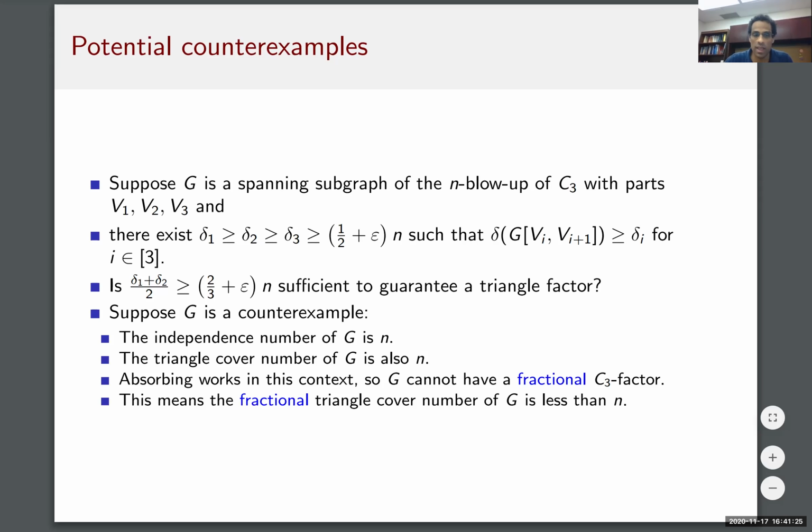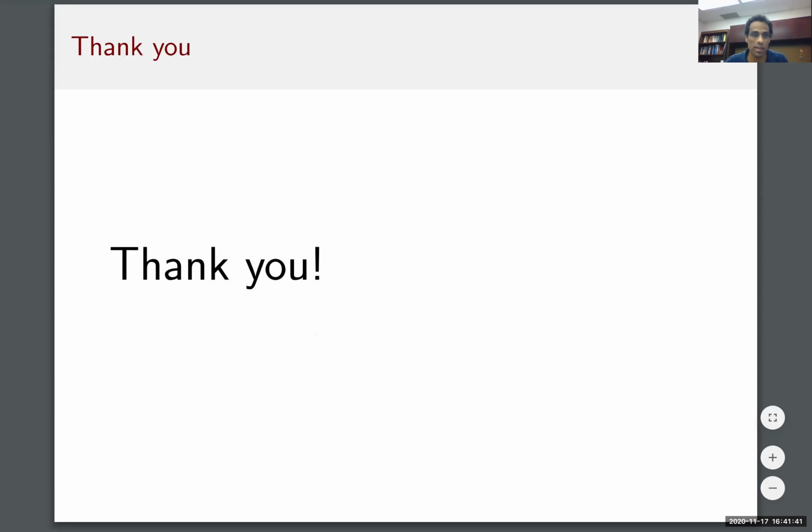That would also mean the fractional triangle cover number would have to be less than n, while the triangle cover number is exactly n. Those would be some characteristics of a counterexample.